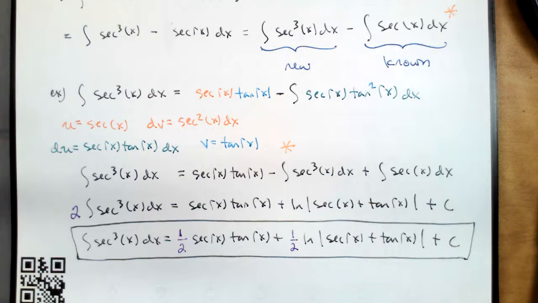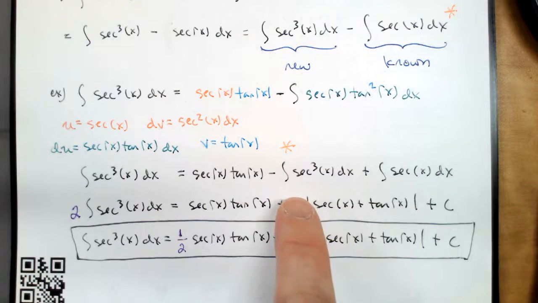Like all those trig identities, those prove-the-identity problems were not about remembering your trig identities. They were about reinforcing your algebra skills. And so here we have an opportunity to reinforce our parts skills, in particular, the one where the integral we're looking for shows up on the right side.